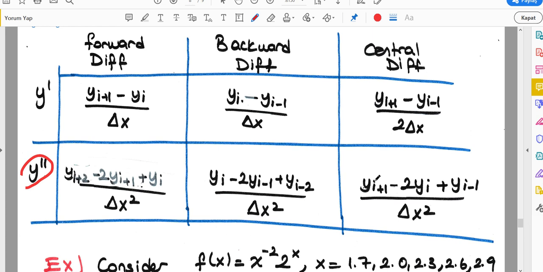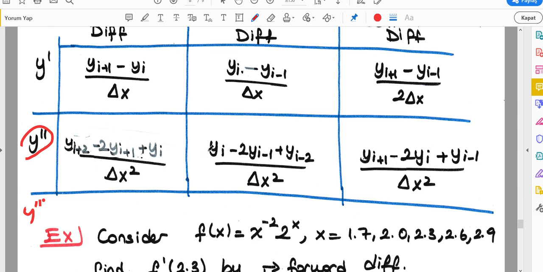In the literature you also have the third derivative, fourth derivative, and so on. The coefficients of these y i minus 1 or so, the parameters, are coming from Pascal's triangle. So 1 3 3 1 in the next step, and in this position you are getting 1, minus 3, plus 3, and minus 1, like this one.